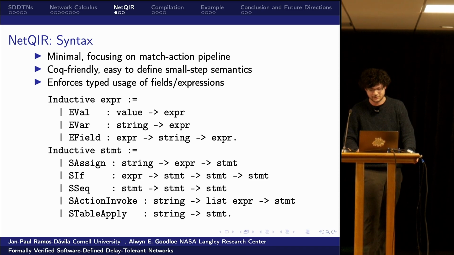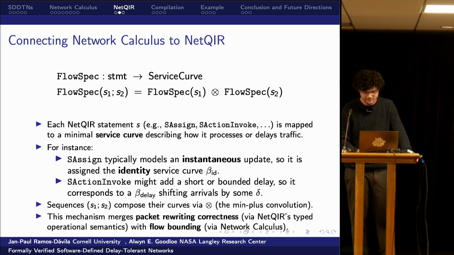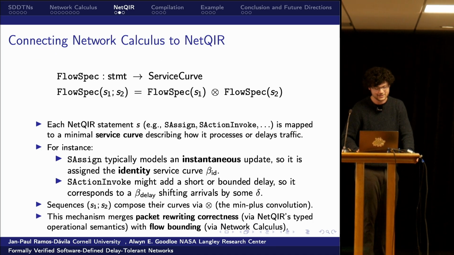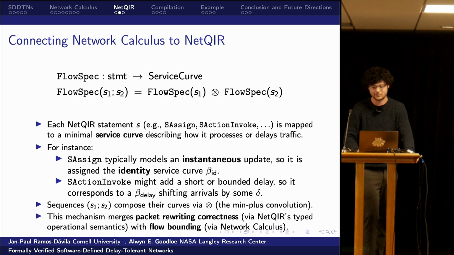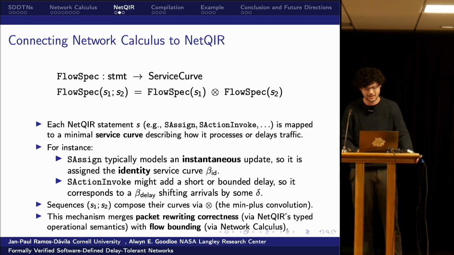So here we just replicate the P4 subset structures again, and we define. So now this is how it looks in Coq for what I call NetQIR. And now we can get into the actual semantics of NetQIR. So now we can go back and start connecting with the network calculus.